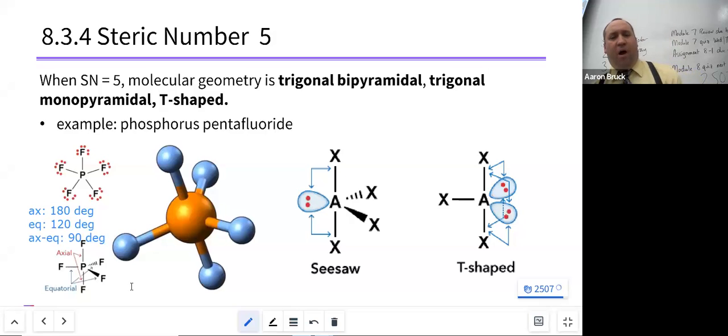What does that do to the bond angles? It squishes all of it. So we go to less than 180, less than 120, less than 90 degrees. All of them get pushed on by that lone pair there.